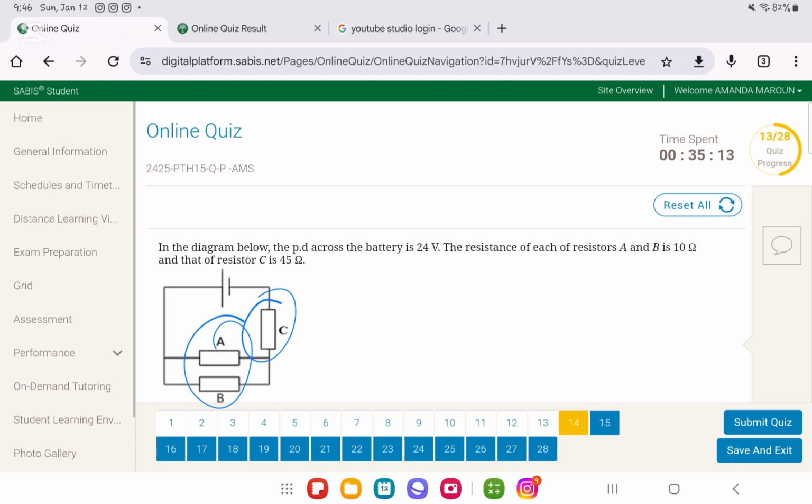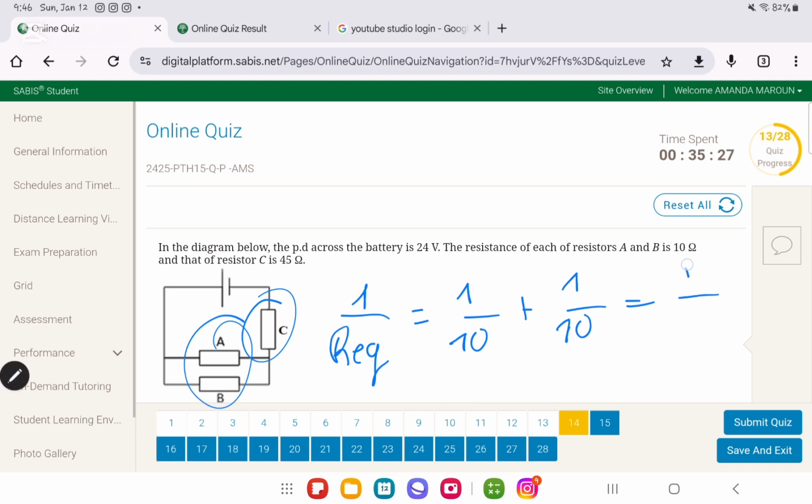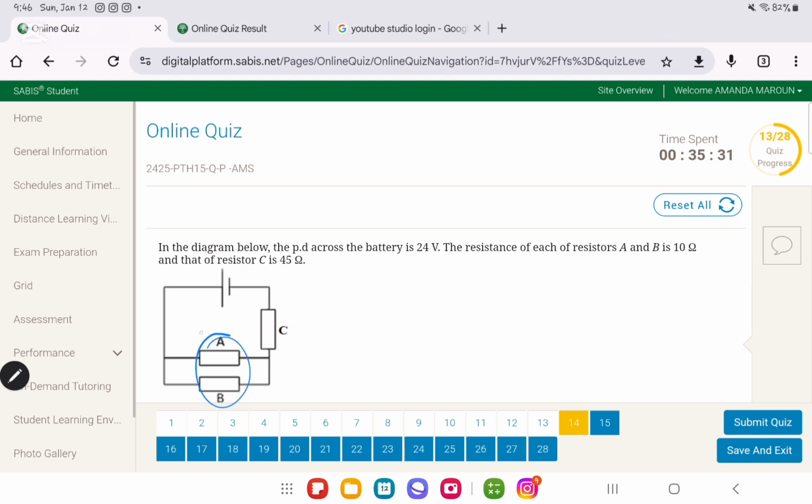So we will do 1 over R equivalent is equal to 1 over 10 plus 1 over 10, which on the calculator is 1 over 5. So then we flip it again. That means the equivalent resistance over here is 5.